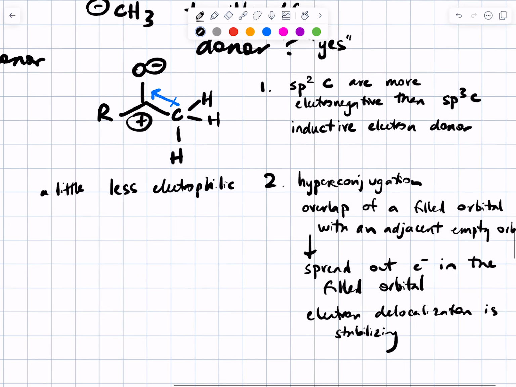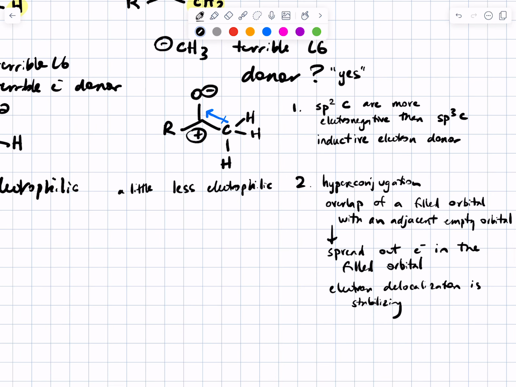Well, let's look at the structure of the ketone. What filled orbitals are available on the methyl group to spread out adjacent to the pi star in the carbonyl? What are the only filled orbitals on the methyl group?